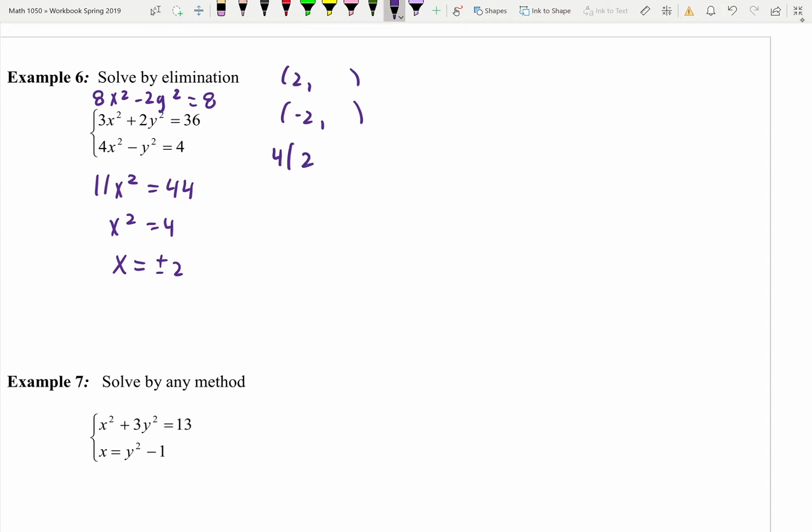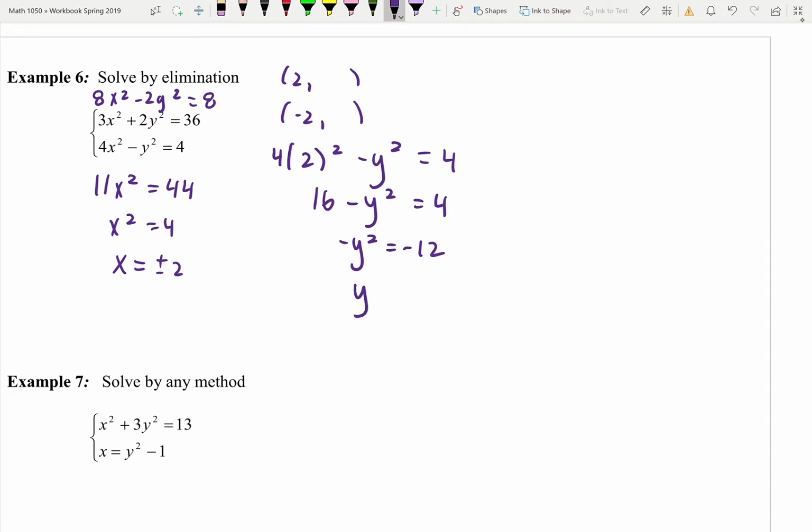So everybody go 4 times 2 squared minus y squared is equal to 4. 2 squared is 4. 4 times 4 is 16. So you have 16 minus y squared equals 4. Pull your 16 over, and you have -y squared equals -12.